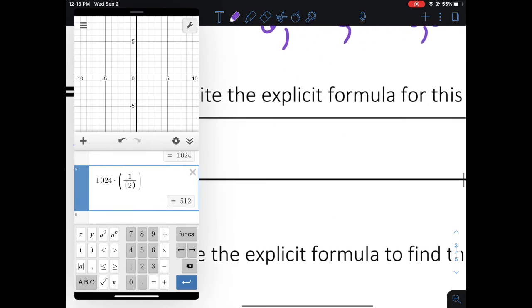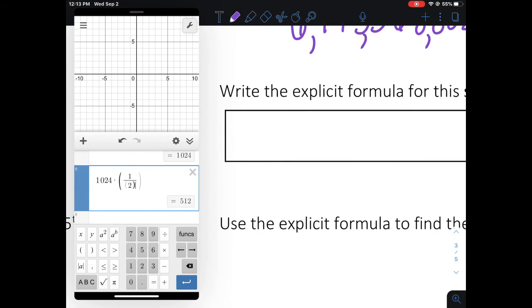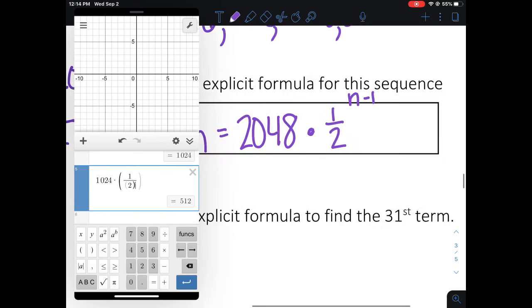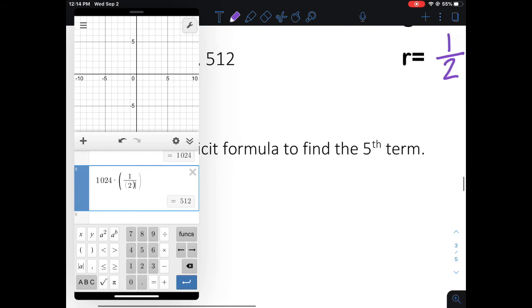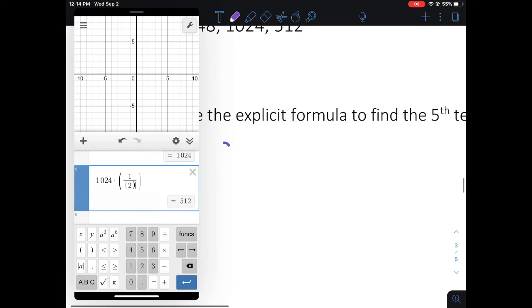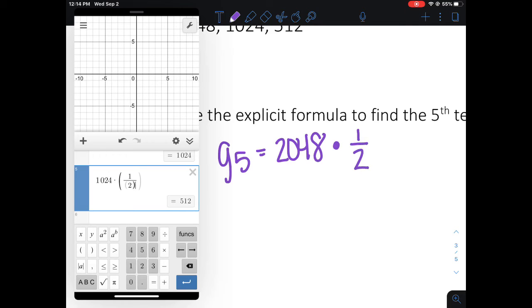Use that information to make that explicit formula. G sub n equals first term times my common ratio to the power n minus 1. Let's find the fifth term. G sub 5 equals 2048 times 1/2 to the 5 minus 1 power.